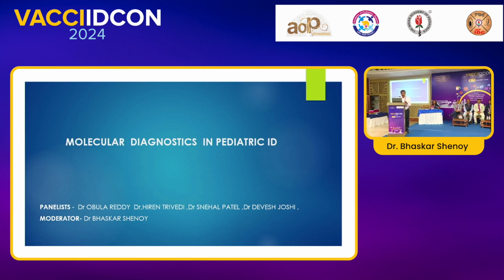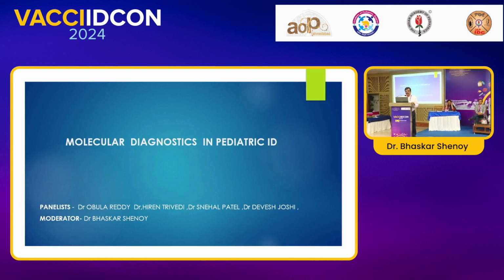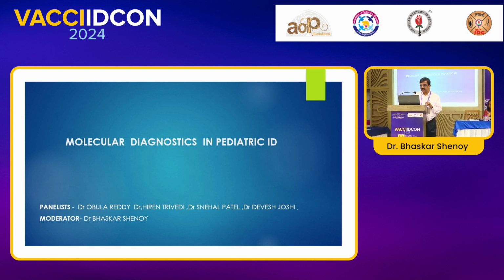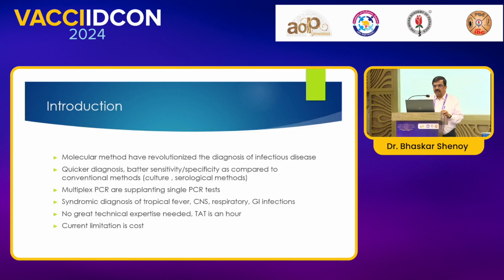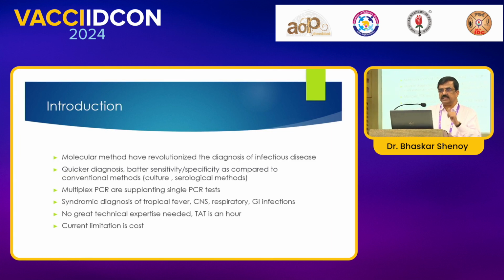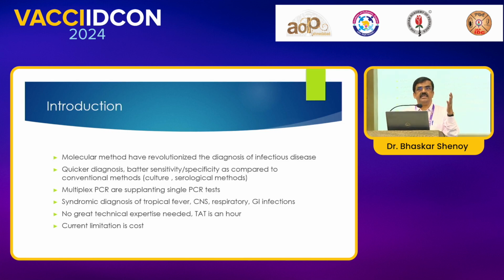Of course, molecular diagnosis is one of the fast upcoming technologies, as the initial introduction was given. They have revolutionized the diagnosis of infectious diseases because there is a faster result, and better sensitivity and specificity compared to our classical or conventional methods.